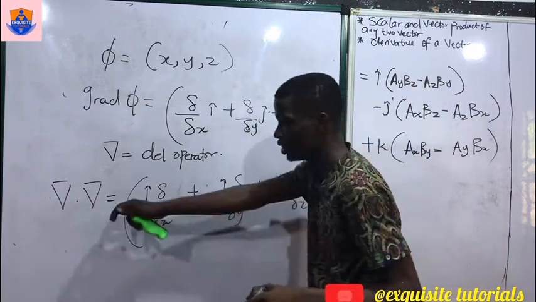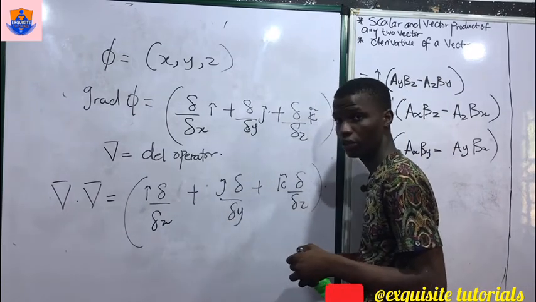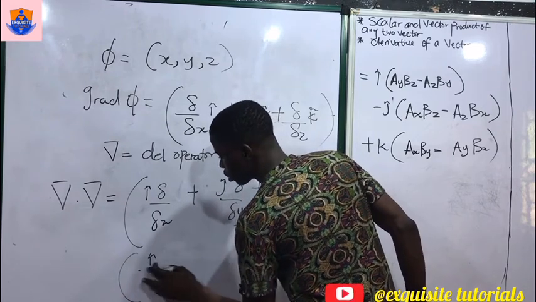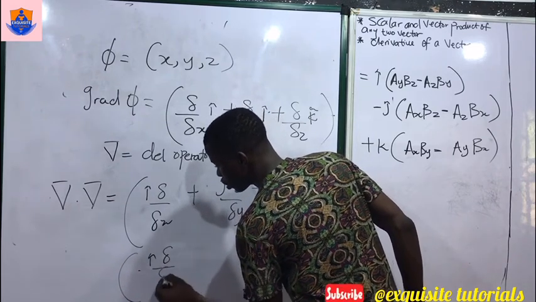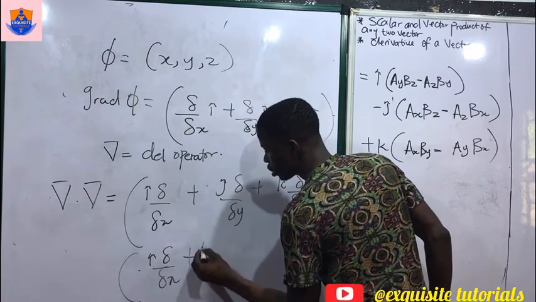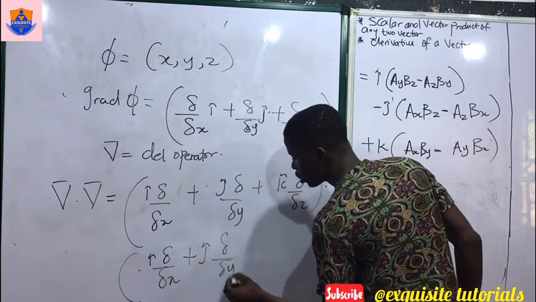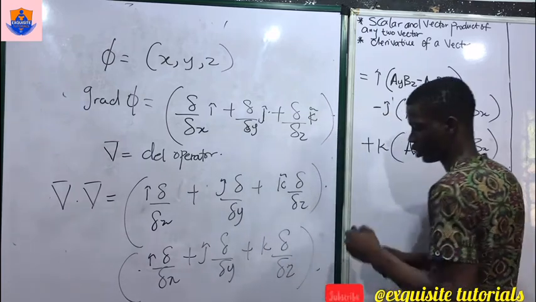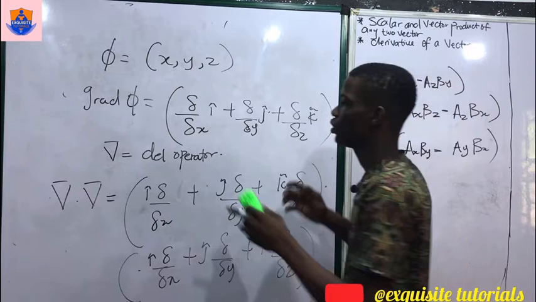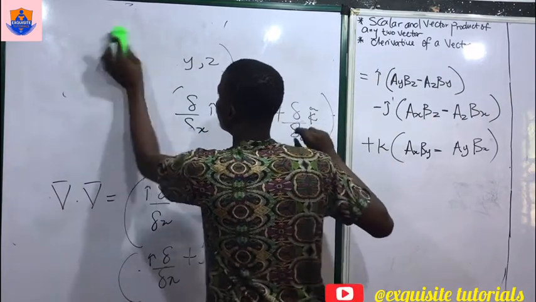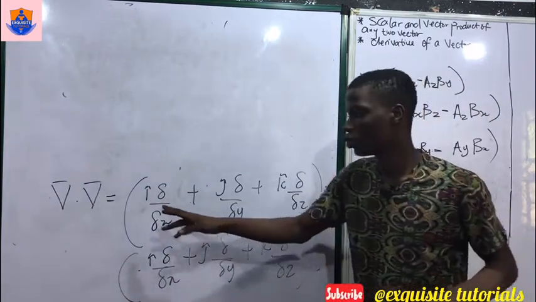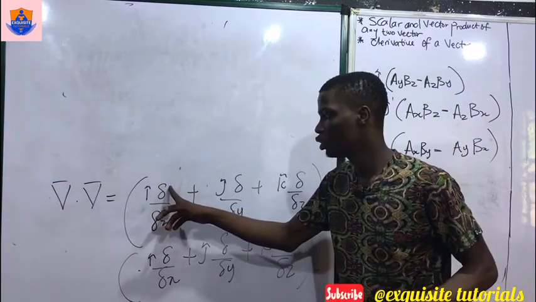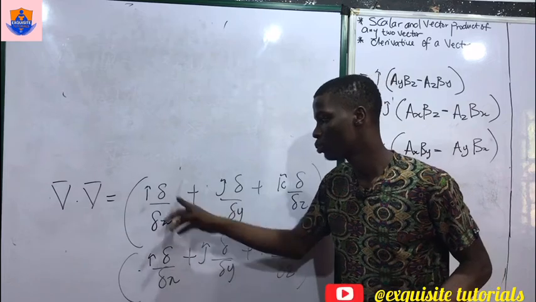So remember, I'm doing the dot product here. So if you are dotting these two, just like the way I did that first dot product format, you will just be interested with this one and this one multiplying itself.